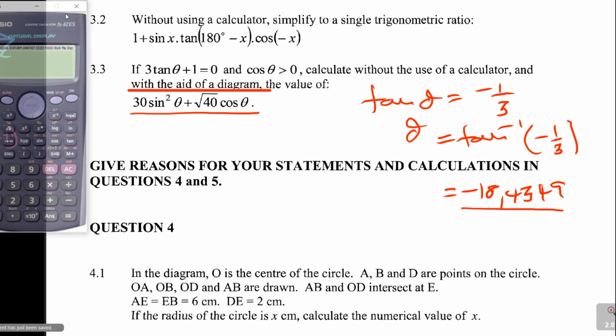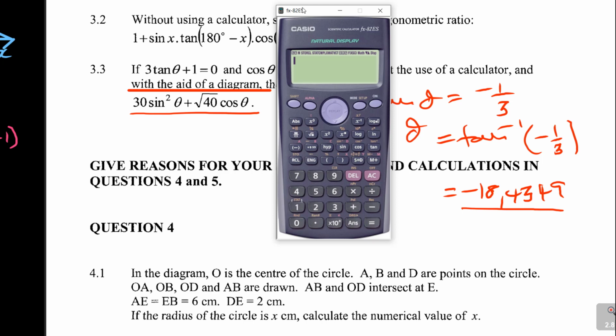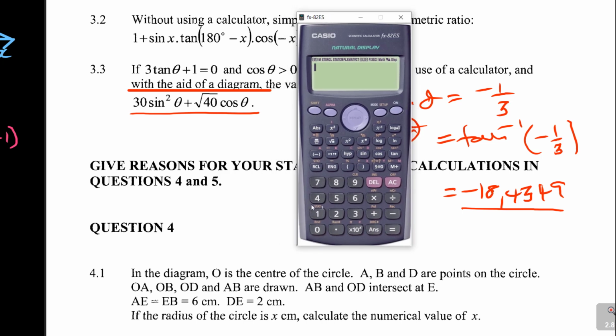So let's use that, because now I'm using the calculator, but be careful whenever you are using sine squared. So this is how you do it. 30, better to say times, bracket, sine, remember, you write this as sine negative 18.4349, close it. But now, did I open? Yes, I opened the bracket. Now I need to close another bracket and put my squared outside, because I can't do a square in between sine and theta.